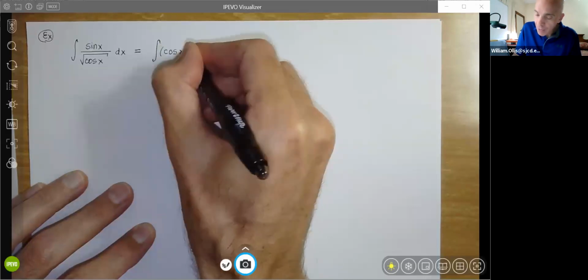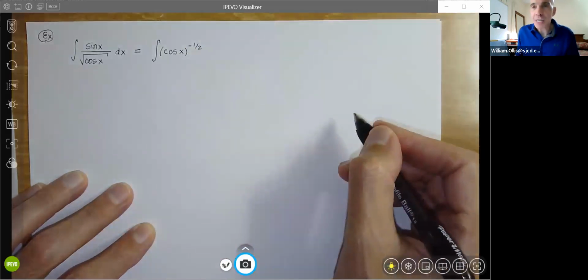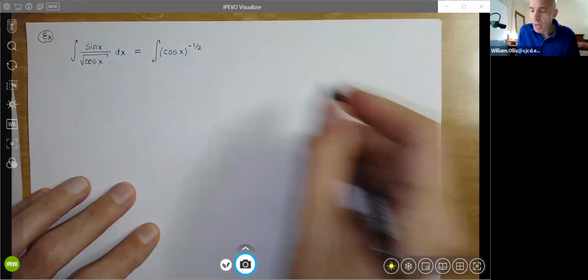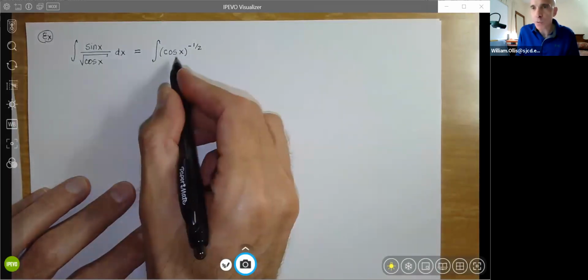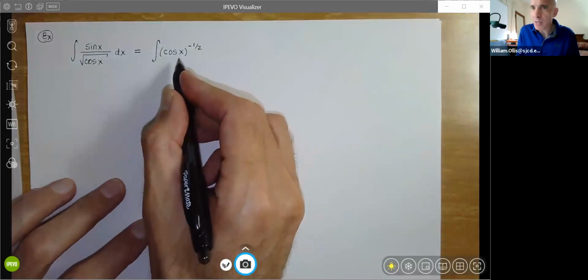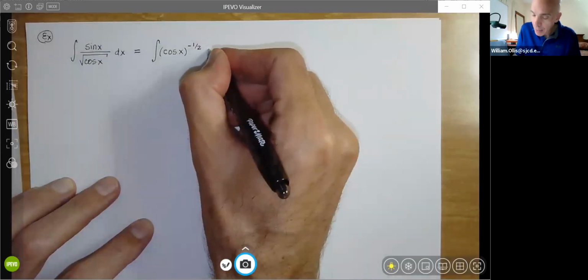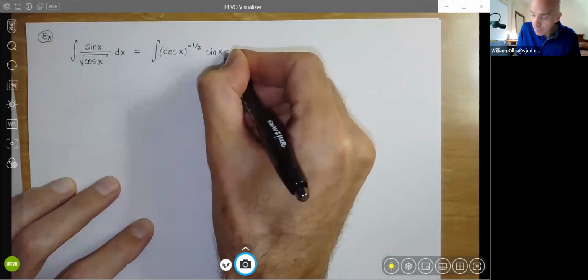Lots of you find that when you do these problems, you see a form that you recognize, and so you don't worry about writing with negative powers or whatever. But I find it very useful to do that. It cuts down on the amount of work we have to do in our head. Of course, we've got the sine here that just comes along in the numerator.